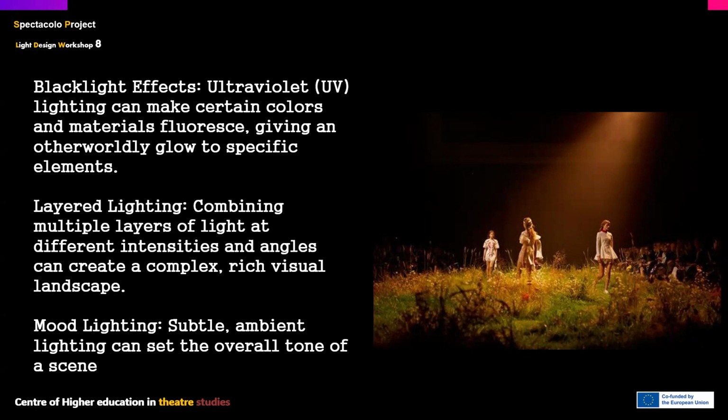Ambient lighting can set the overall tone of a scene, shifting between warm and cool tones to evoke different emotions and atmospheres, from cozy to the mysterious atmosphere. By carefully blending these elements, lighting designers can craft a visually stunning and emotionally engaging atmosphere that enhances the imaginative and magical qualities of the performance.